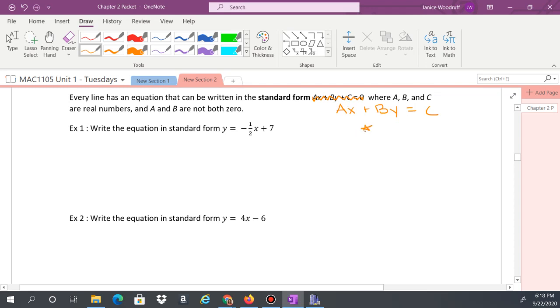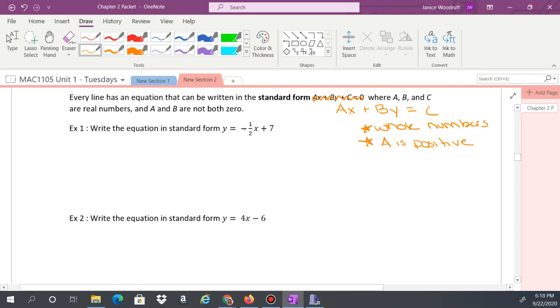So we want whole numbers. And the number in front of x cannot be negative. So A is positive. So you rearrange the equation, and then you multiply by what you need to get that.